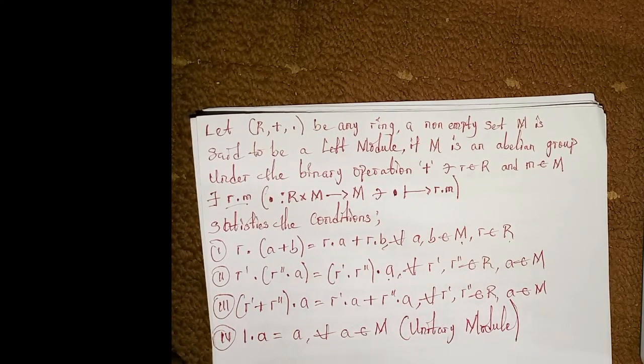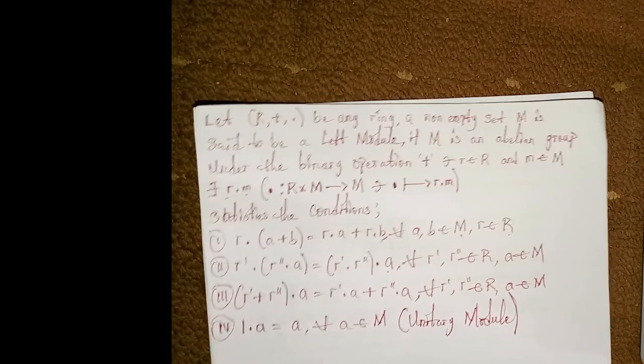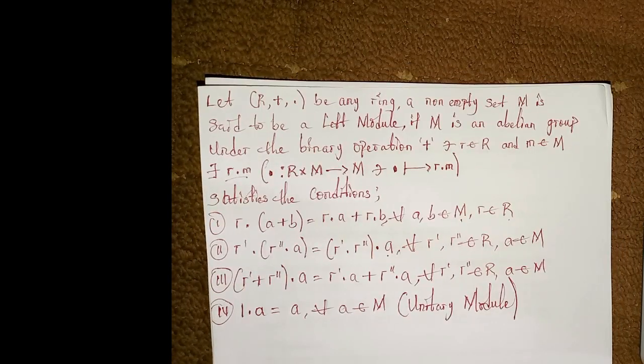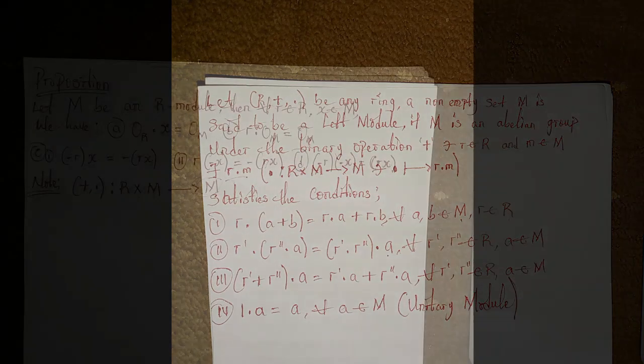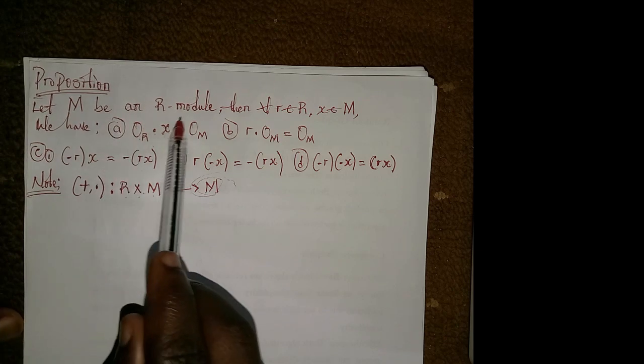Now, we can definitely call M a left module since we restricted it by having a left ideal on the ring. Now, we continue with the proposition that let M be an R module.